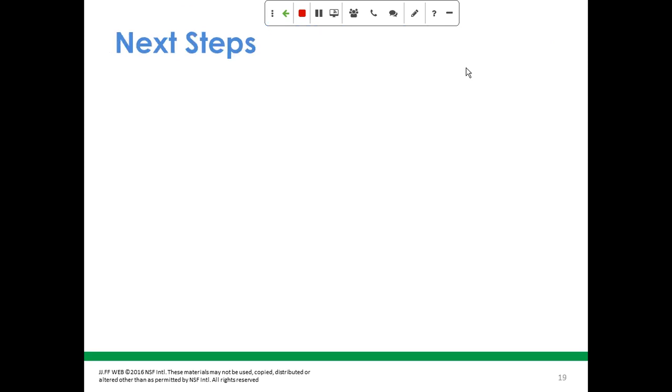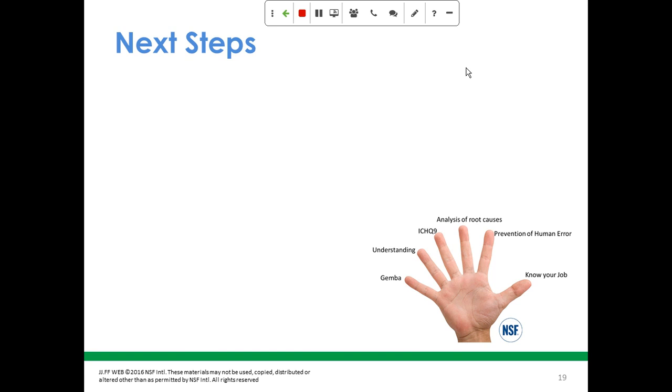So, some next steps. Well, we talk a lot about the 6-fingered hand, about how these areas are so crucially important to the health and well-being of your pharmaceutical quality system. And all 6 of those are areas where you need expertise to PhD level. So let's be proactive.